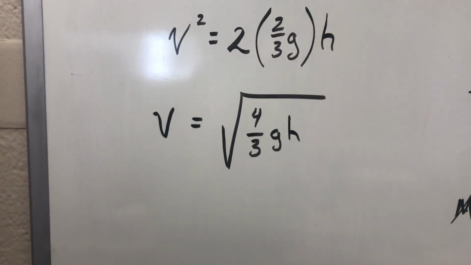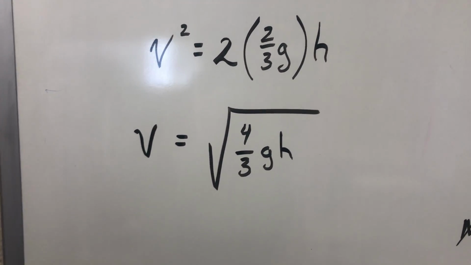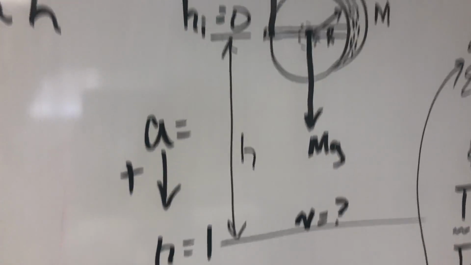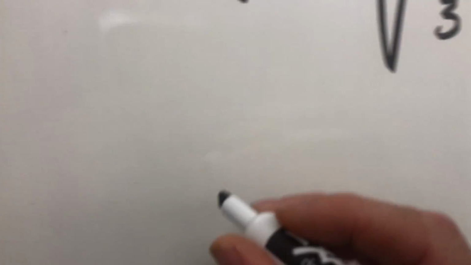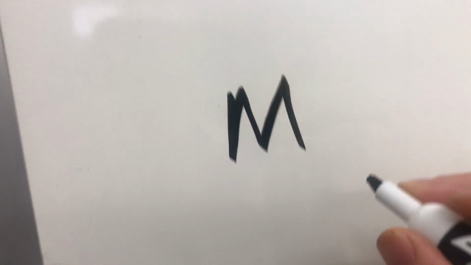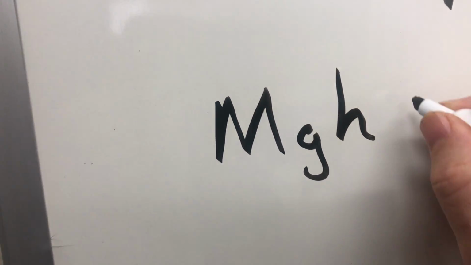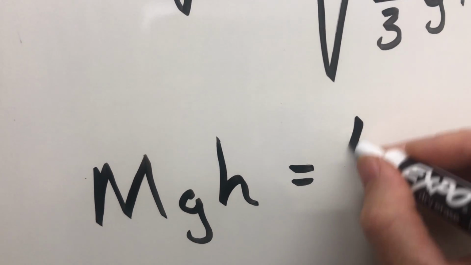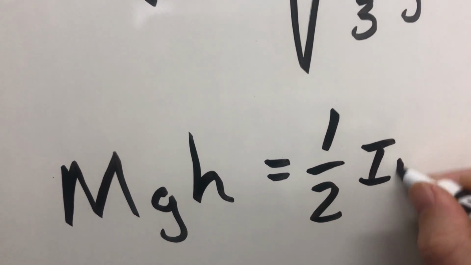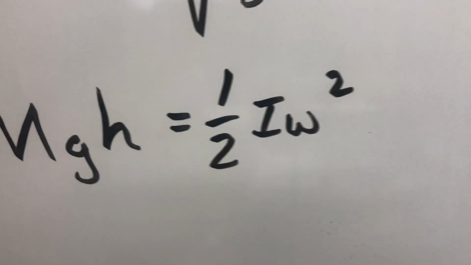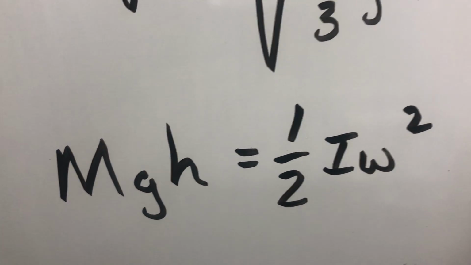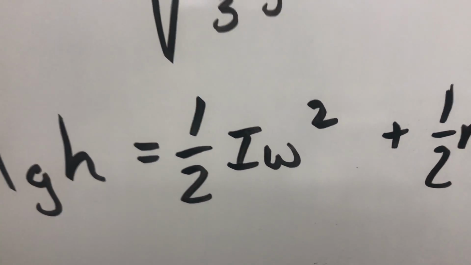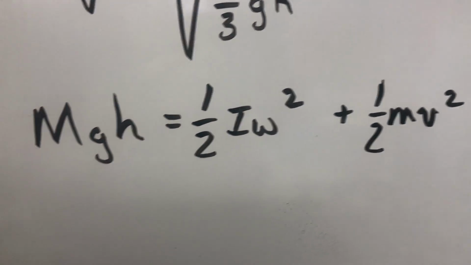This problem could also ask you to solve for this using conservation of energy. And so we'd say when it's at the top, it has a potential energy. And so we would say it's got an mgh, sorry for the terrible camera work on this, at the top. And then it has a 1/2 I omega squared, kinetic energy rotational. And it has a 1/2 mv squared, kinetic energy translational.